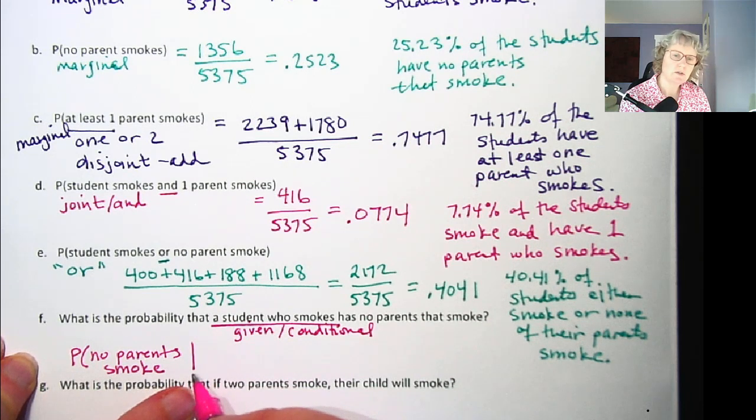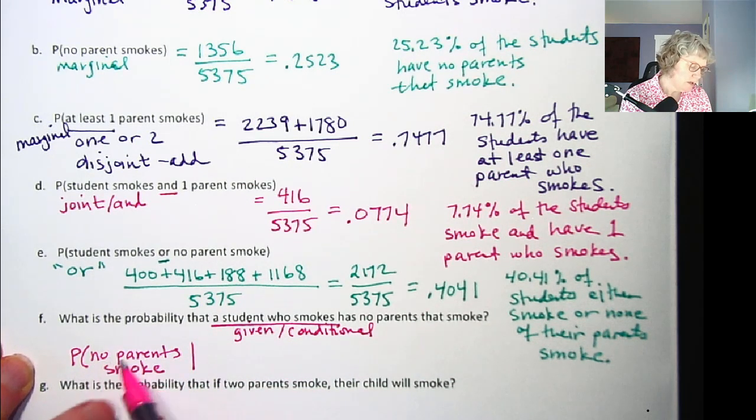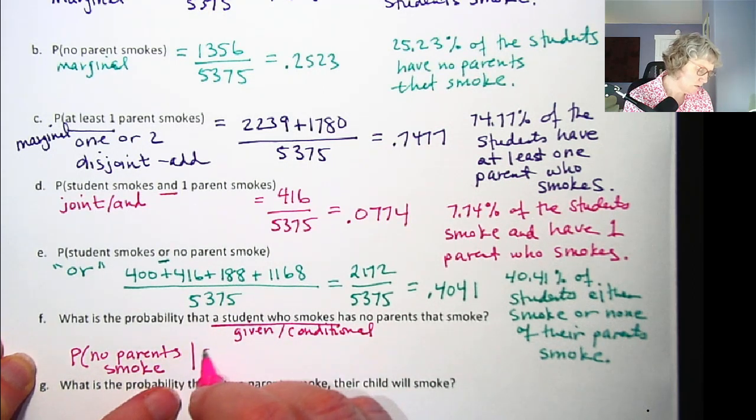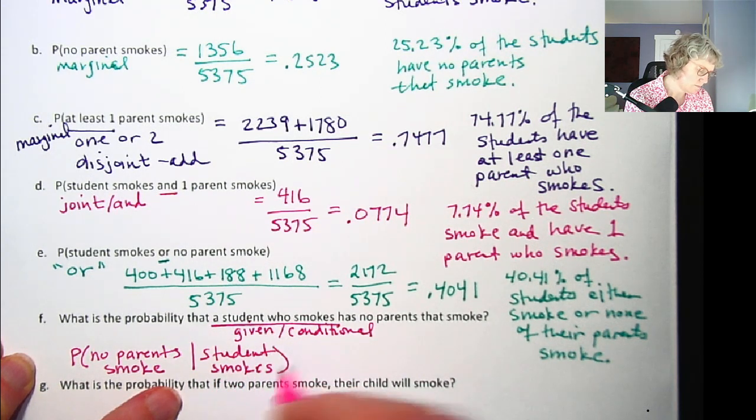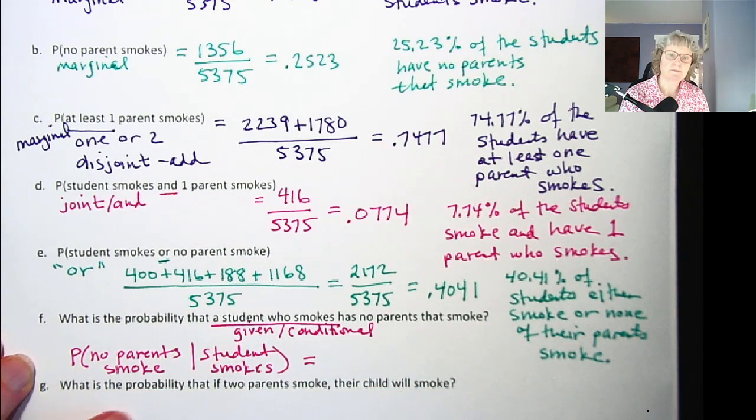Probability that no parents smoke given the student smokes. So I'm going to put student smokes.